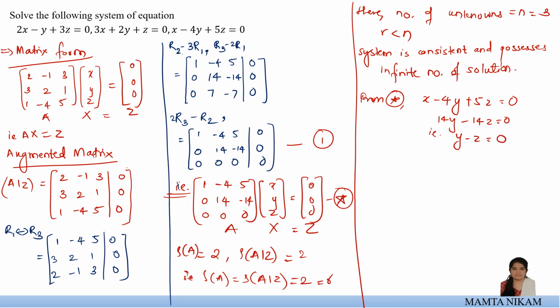Now here we have two equations and three unknowns. So in such a case, as we have discussed in the previous video also, we introduce a free variable. We consider any one unknown as a free variable.